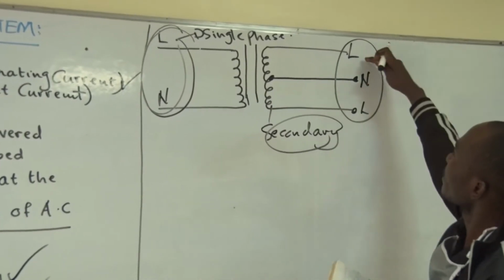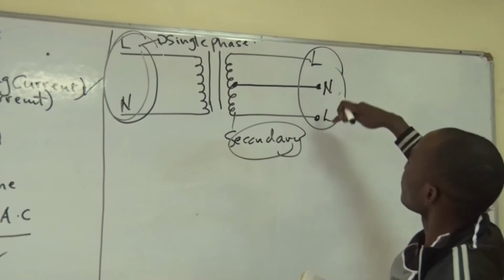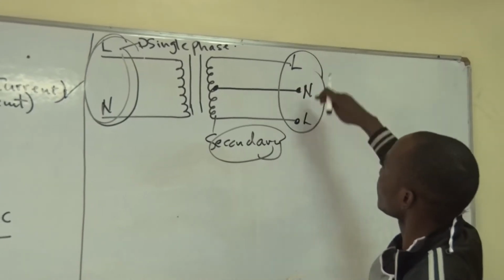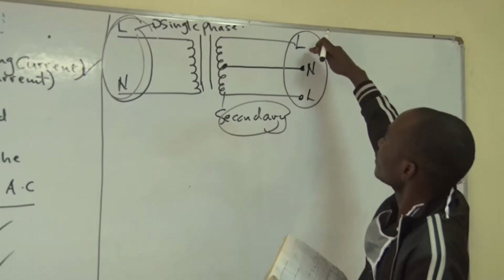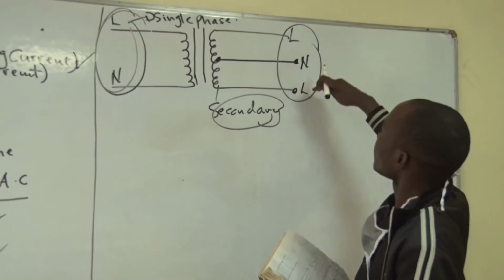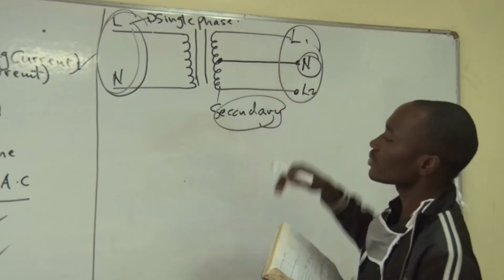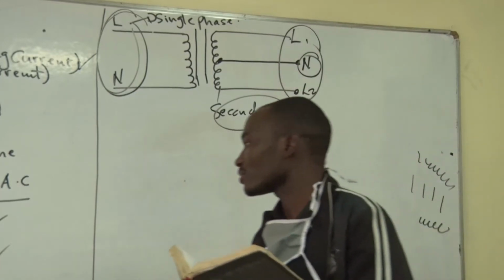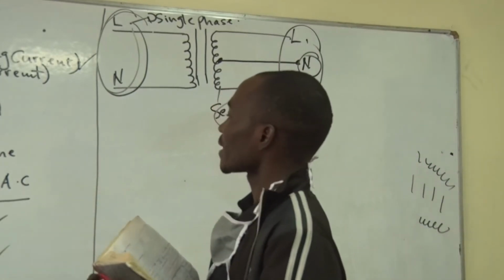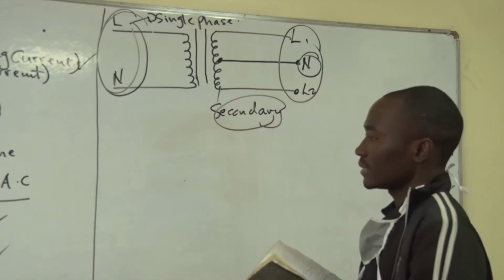We have this L and this L to give us the 2 lives. So we have L1 and L2 and this neutral wire. In total it is giving us 3 wires, so we call it a single phase 3-wire system.